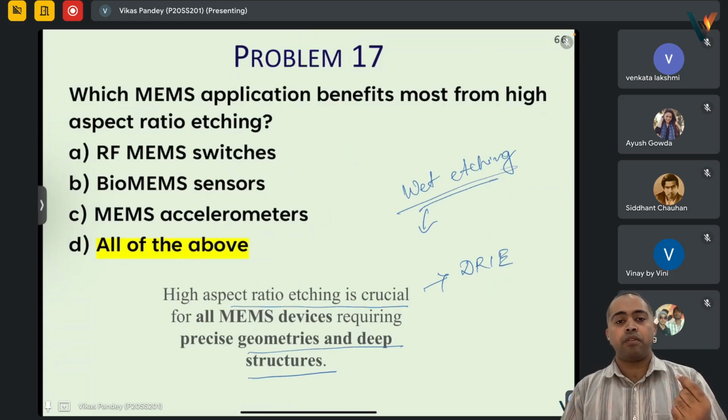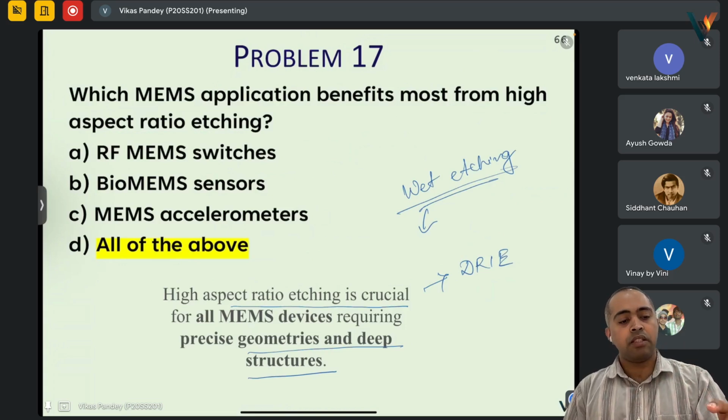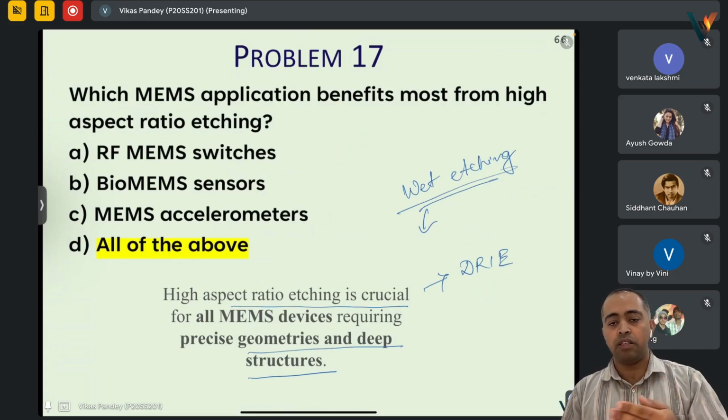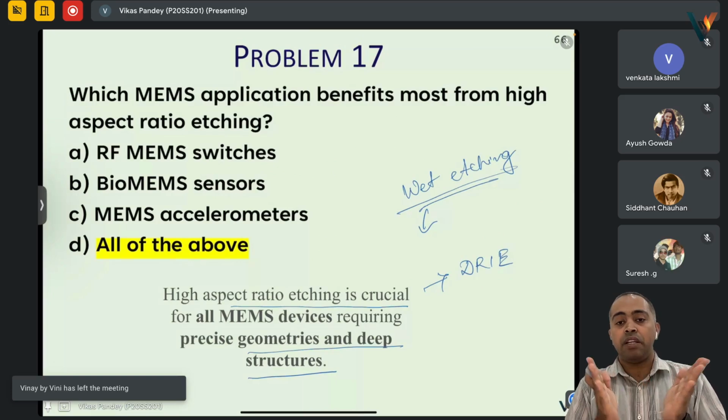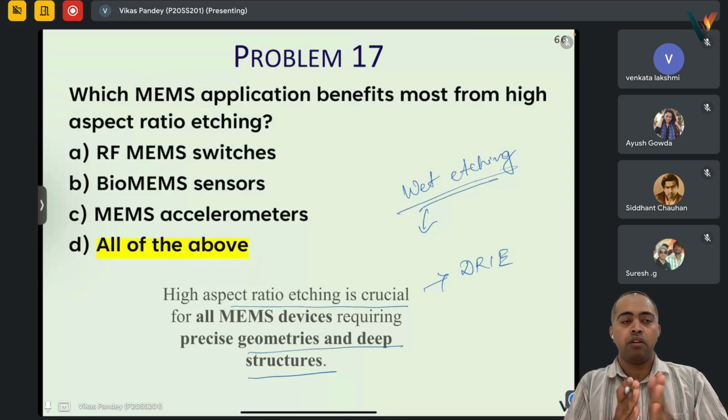So there is no fixed rule that for this kind of depth we will go for wet or reactive ion etching. It will depend on the allowed permissible variations, how much opening we can have, and how good an aspect ratio we want.